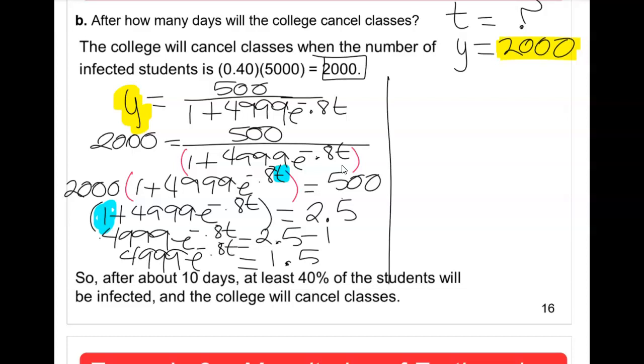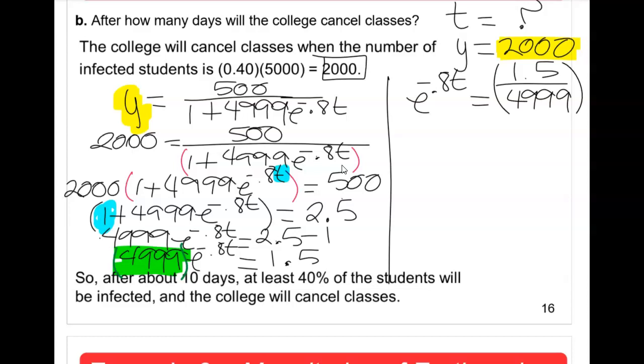So from here, what we're going to do is take the coefficient of e, the 4,999. You already know that is multiplying the e, so we're going to take it across the equal sign and it's going to be dividing. So now we have e to the power negative 0.8t is equal to 1.5 over 4,999, and we're just going to leave it like that as a fraction.